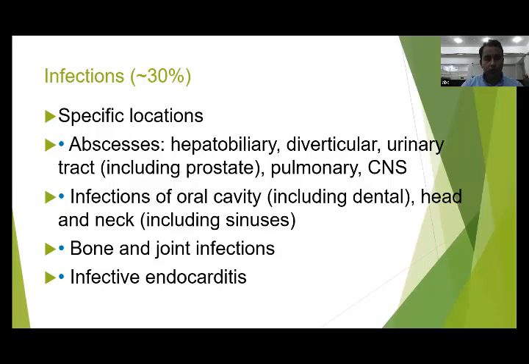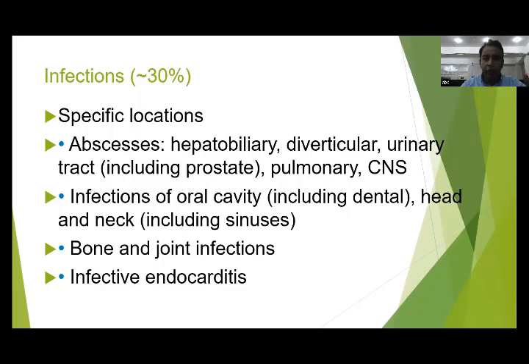Abscesses, as I told, in the liver, pancreas, biliary tract, pulmonary abscesses, CNS abscess, intra-abdominal, diverticular, urinary tract. Any intra-abdominal organ can have an abscess, and it's not easy to diagnose a case of intra-abdominal abscess.